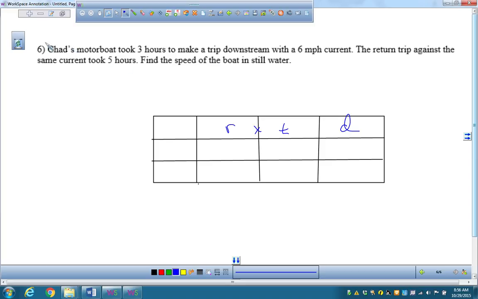Okay. Chad's motorboat took 3 hours to take a trip downstream with a 6-mile-an-hour current. The return trip against the same current took 5 hours. Find the speed of the boat in still water.